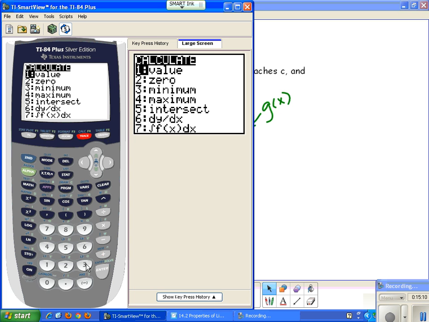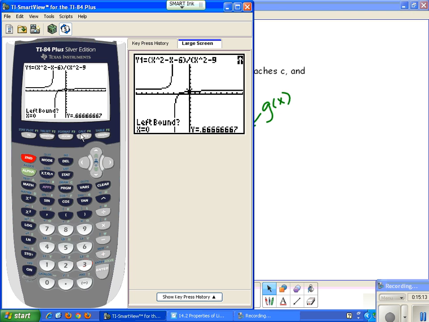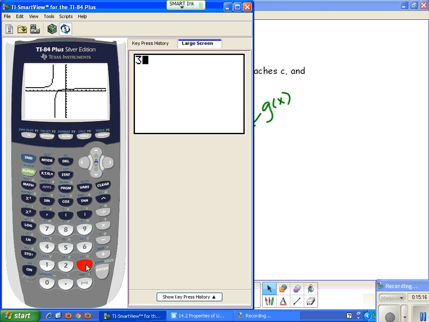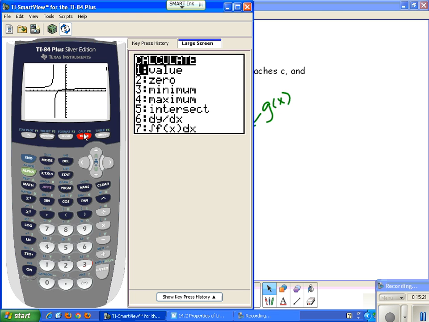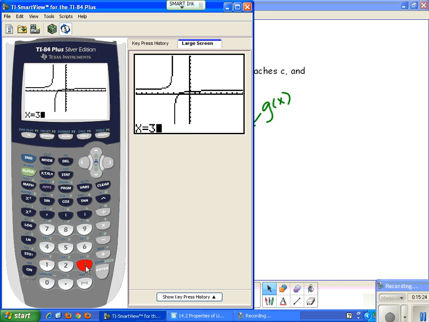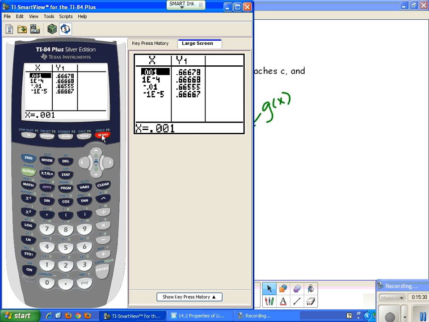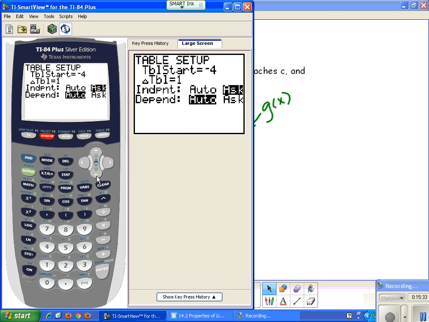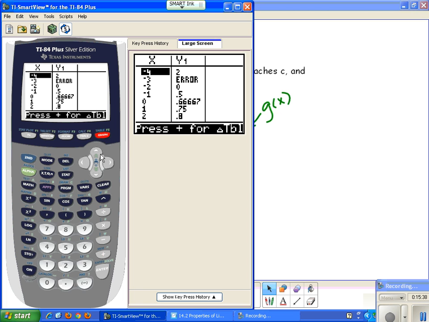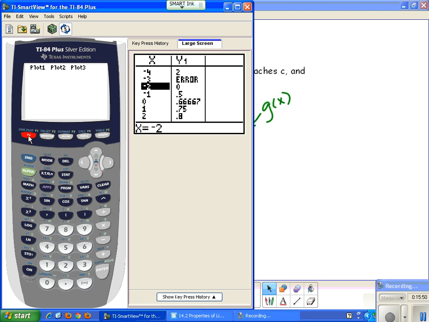If I do second trace value of 3, notice that nothing comes up for my y value, and if I go to my table and change my window to auto, and if I look at 3 in my table, notice it's not defined there because I have a hole in my graph, if you remember from when we talked about rational functions and graphing these. So because it canceled completely on my denominator is why I have a hole.